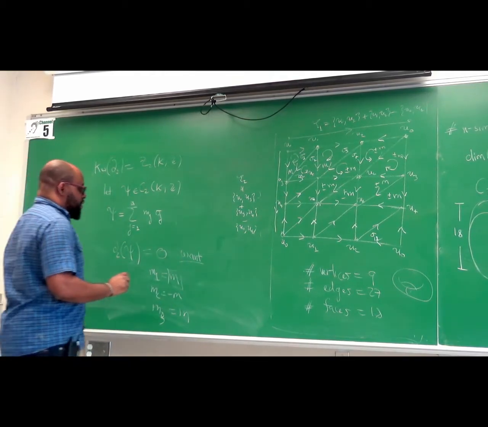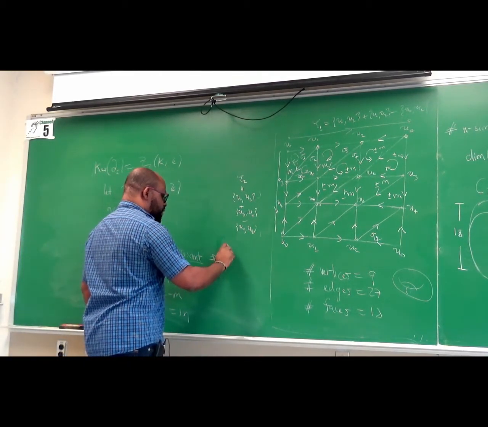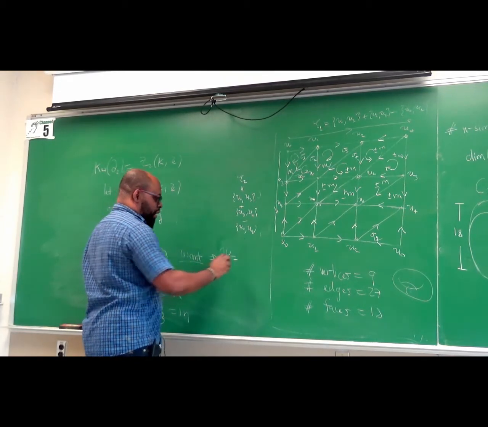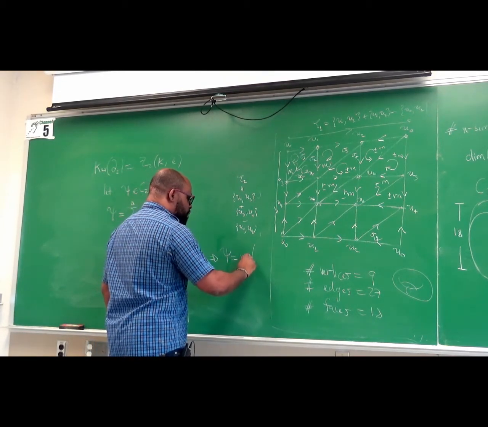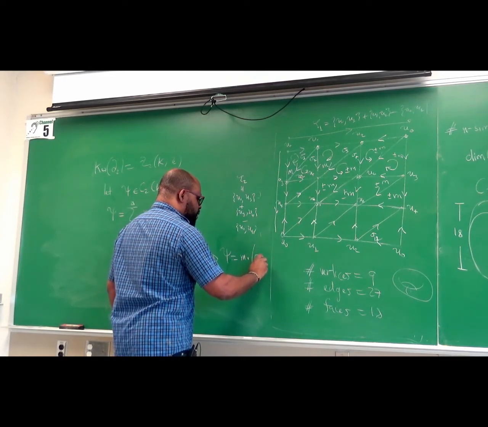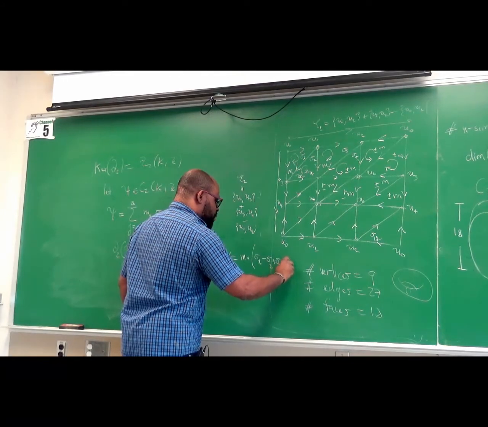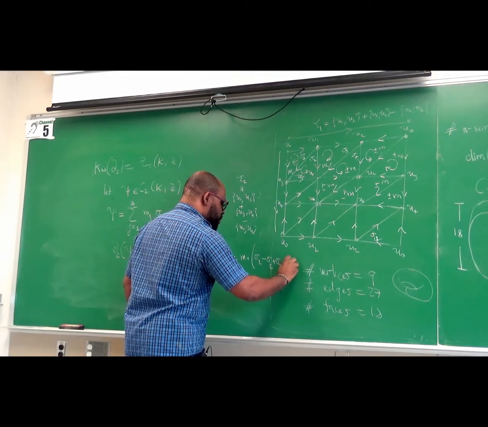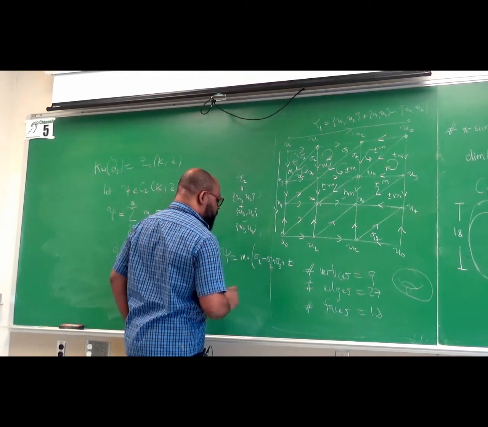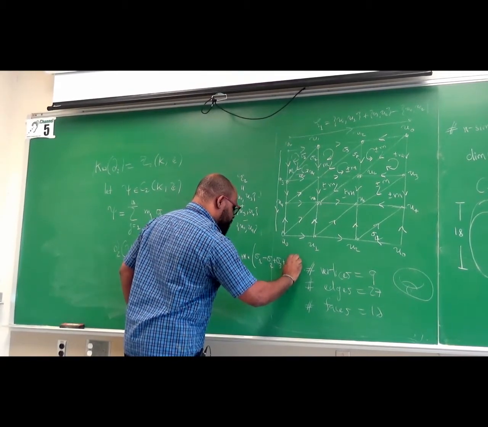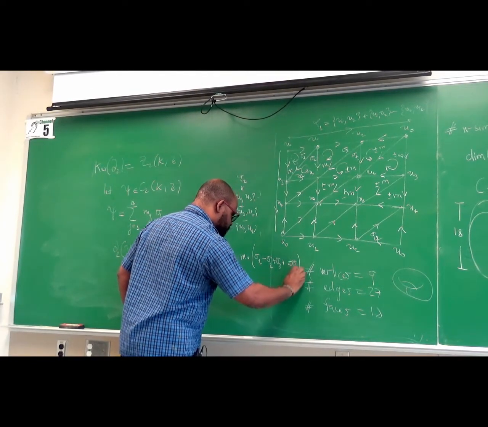So that means that psi actually has to be just m times some combination of sigmas with plus or minus. How many of them are there? 18. Sigma 18.